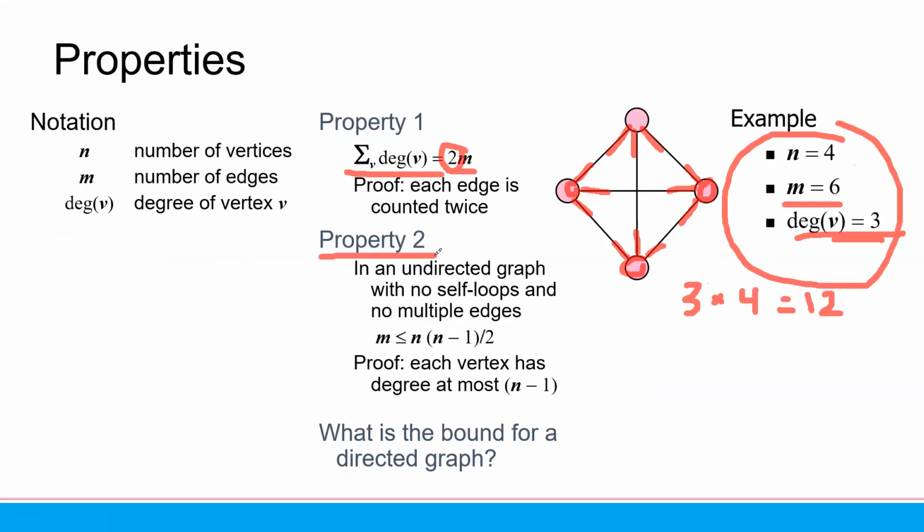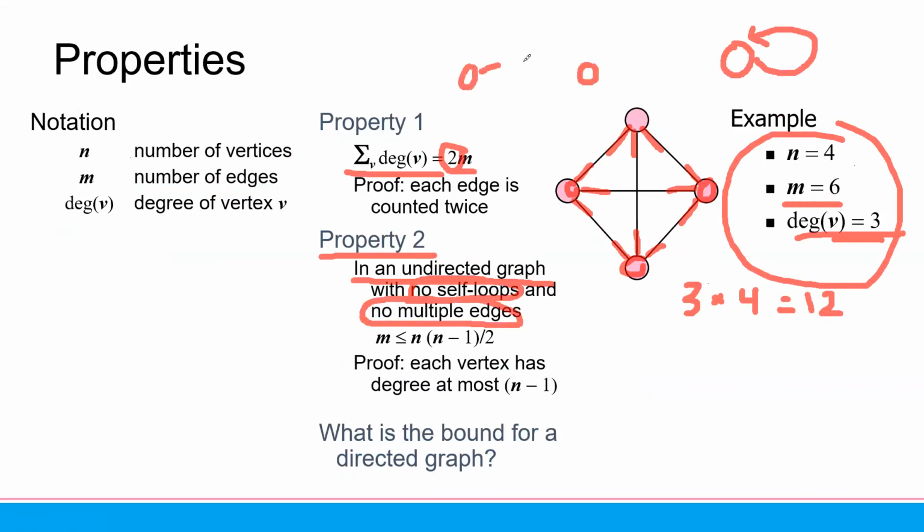Property number 2 mentions that in an undirected graph with no self-loop and no multiple edges. Okay. No self-loop means I have a vertex, and I cannot go from the node to itself. That is a self-loop. No multiple edges means no parallel edges.